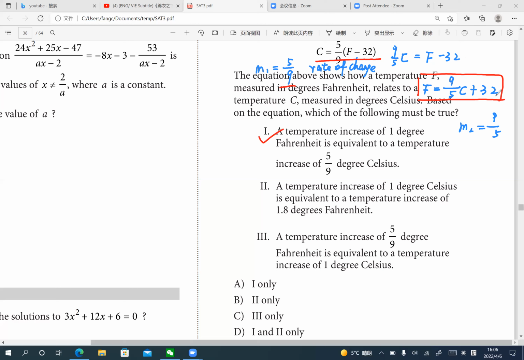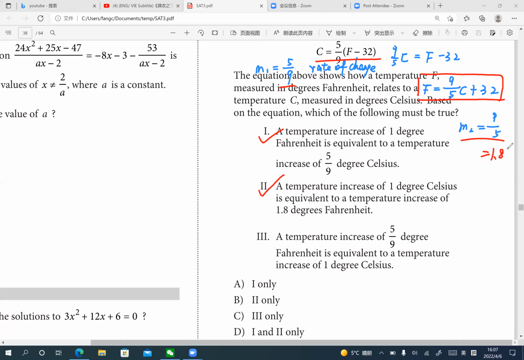So in this equation, the slope is equal to 9 over 5, which means the rate of change is 9 over 5. So when C increases 1 degree, F correspondingly will increase 9/5 degree. So statement 2 is correct. 9/5 is equal to 1.8.